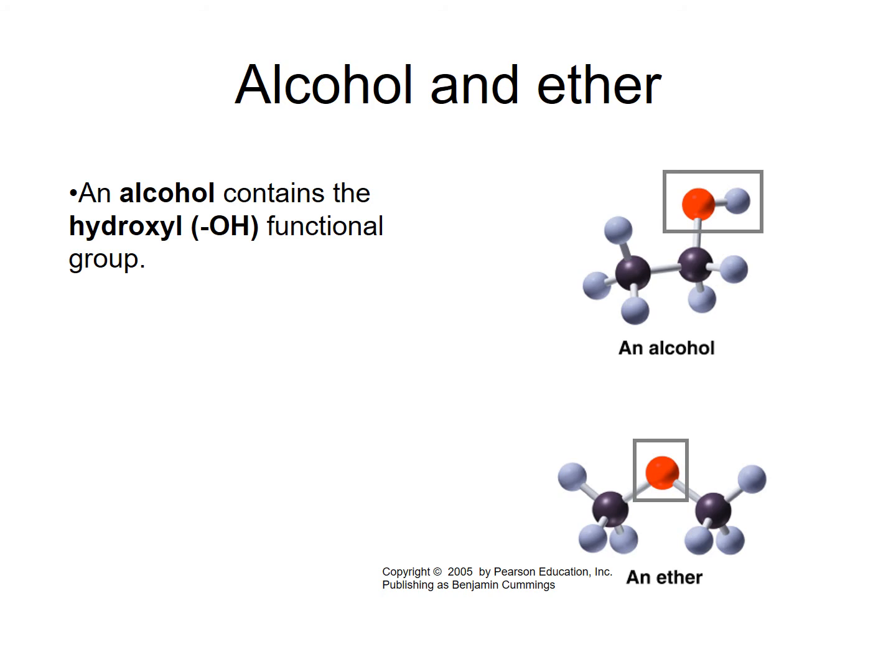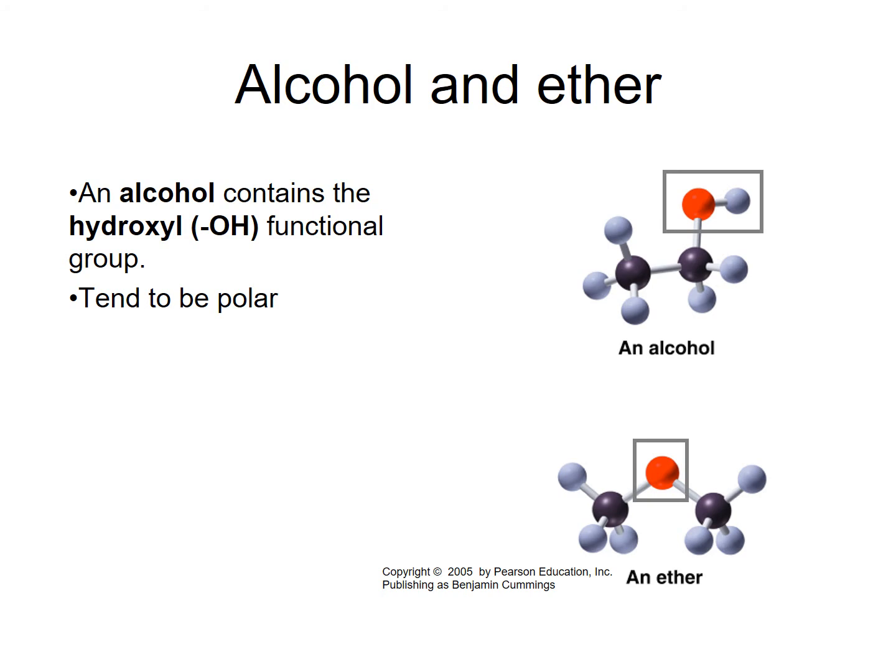So the OH is called the hydroxyl functional group. Very similar to hydroxide, but hydroxide is an ion. Hydroxyl, with the suffix -yl, would be the OH covalently bonded to the carbon chain to make an alcohol.